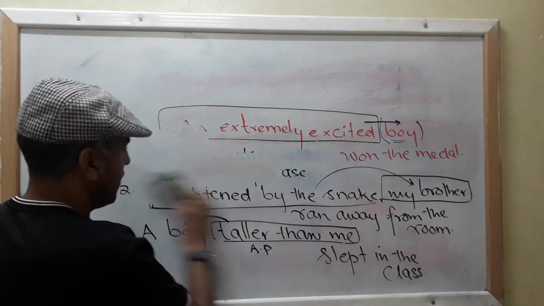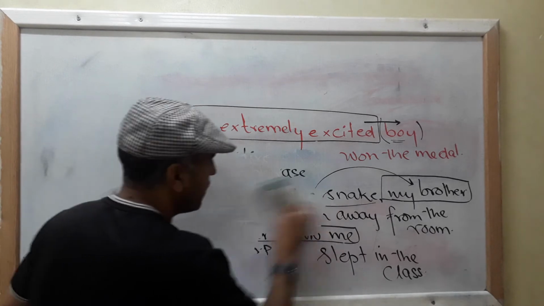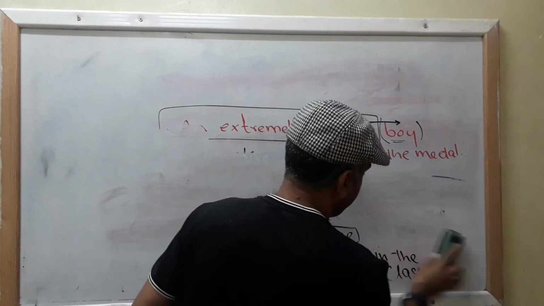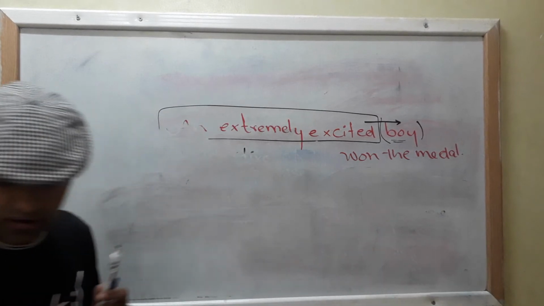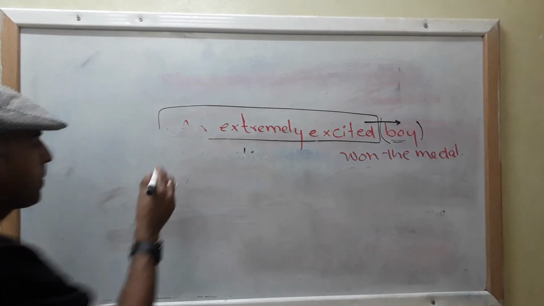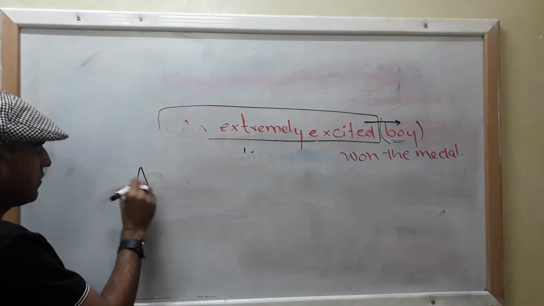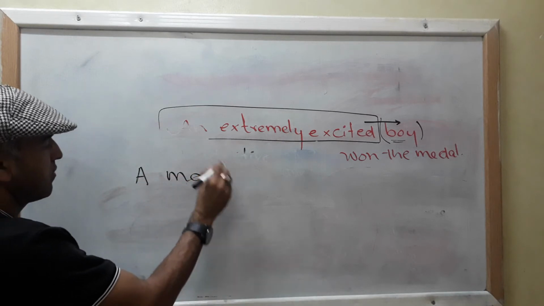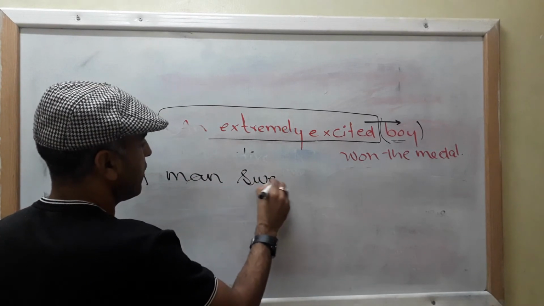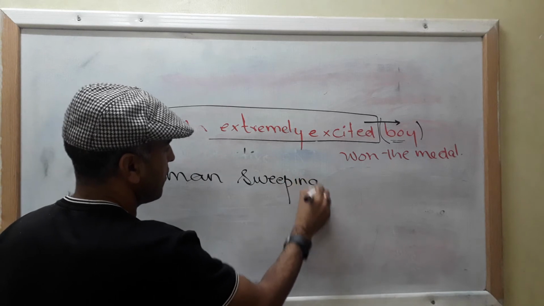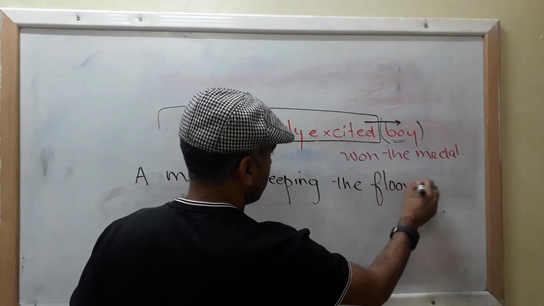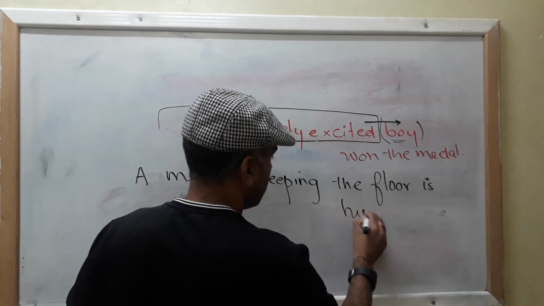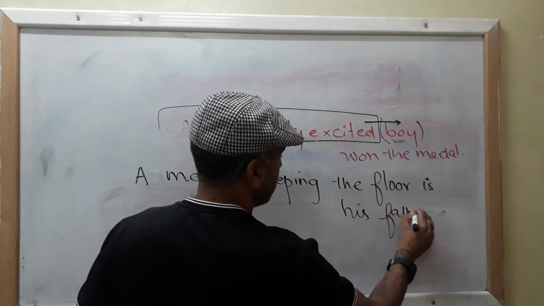So this is your adjective phrase. Now let me cite another example of an adjective phrase appearing in the middle of the sentence. A man sweeping the floor is his father.